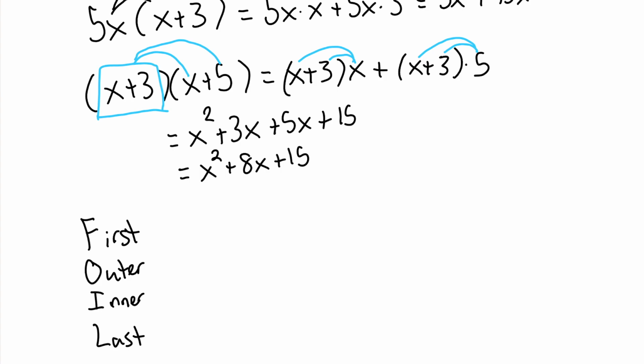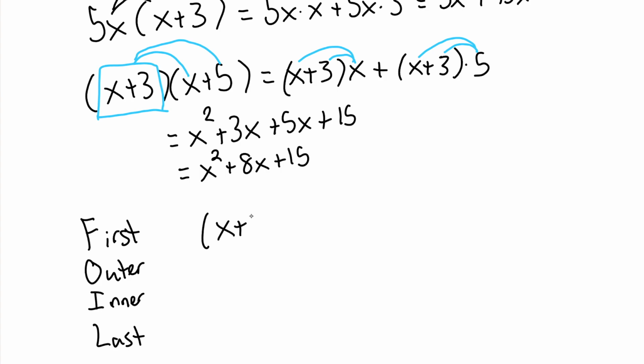It only works with a binomial times a binomial, which does come up pretty often, but it's not anything special compared to other polynomial combinations. But regardless, it's basically just a checklist to make sure that you've multiplied every term in the first one by every term in the second one. Okay.